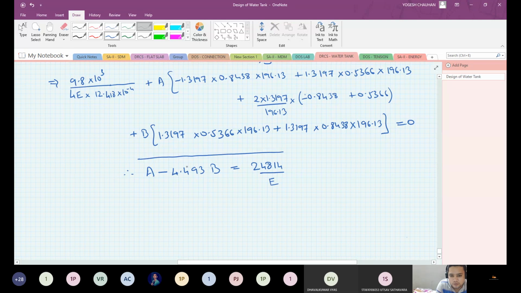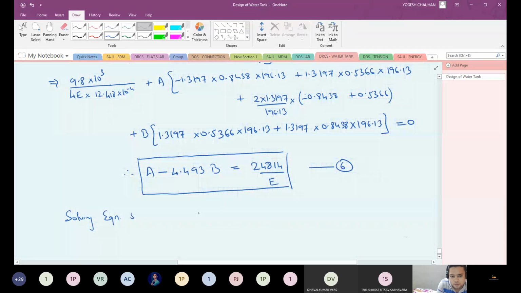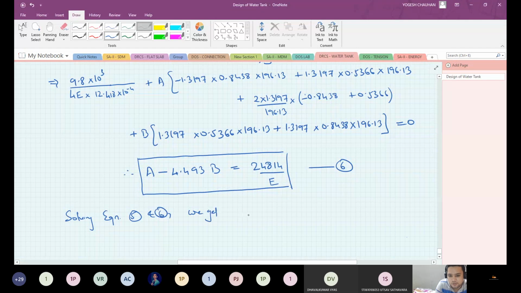Okay, so now solving equations 5 and 6, we get the values of a and b.